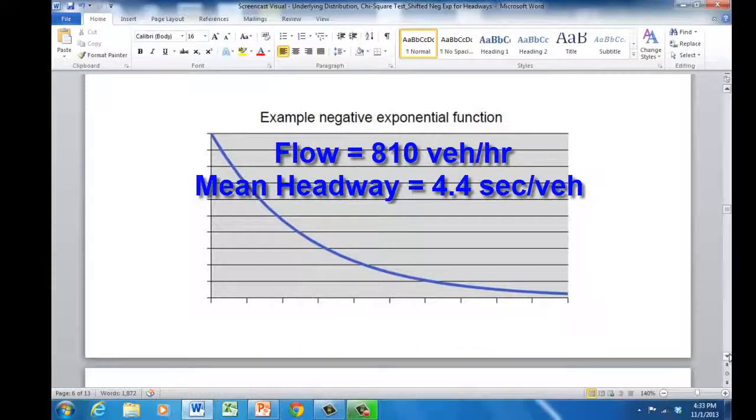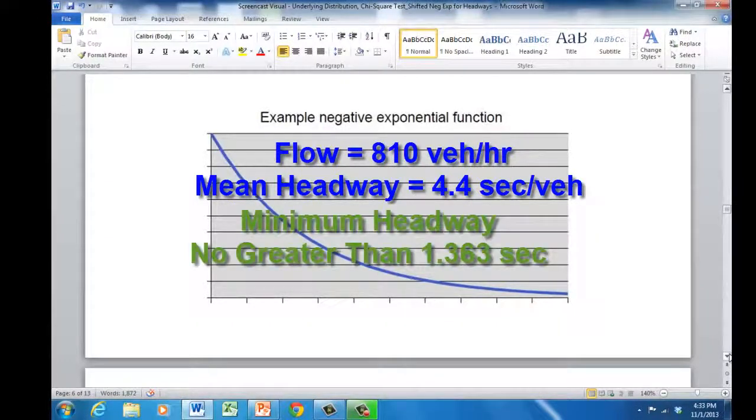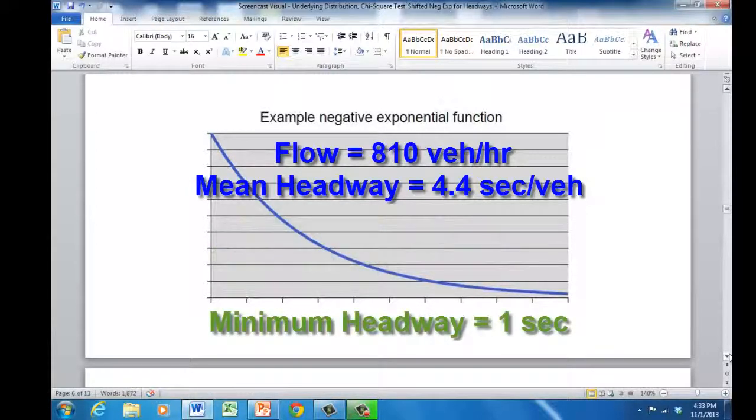The prevailing condition is also defined by a minimum headway that we know to be 1.363 seconds. I can't know the absolute minimum headway of the population, but I'm going to assume that prevailing headways can be smaller than 1.363 and perhaps as small as 1 second.